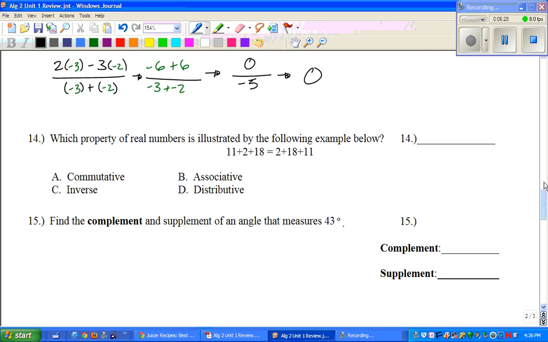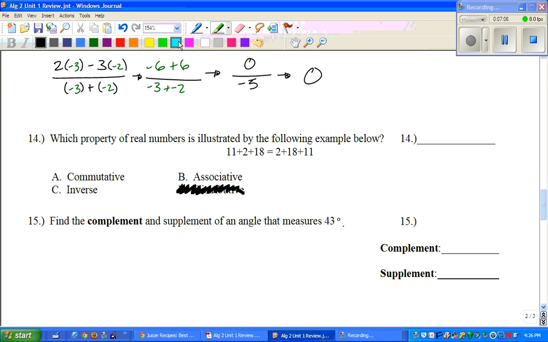All right, number 14. Which property of real numbers is illustrated by the following example below? You have 11 plus 2 plus 18 equals 2 plus 18 plus 11. We've got 4 properties to choose from. You should be able to cancel out one right away, and that is the distributive property, because we're not multiplying anything here. Now, one of the things that Ms. Carranza talked about, well, she talked about all of these, but what's really happening with these numbers?